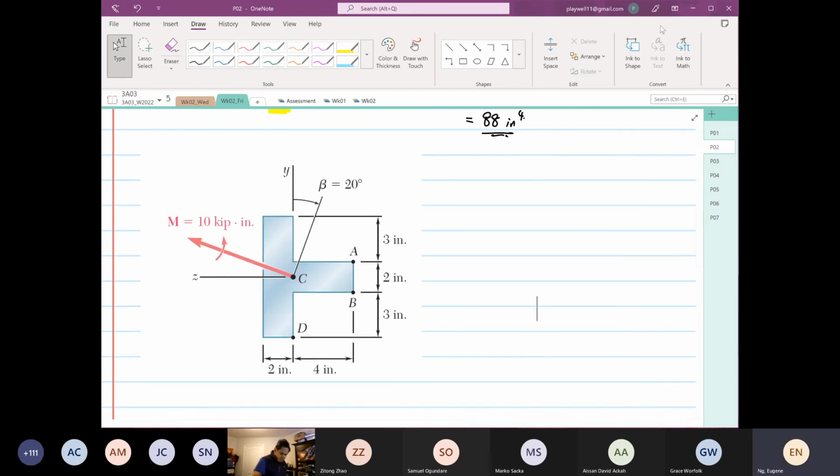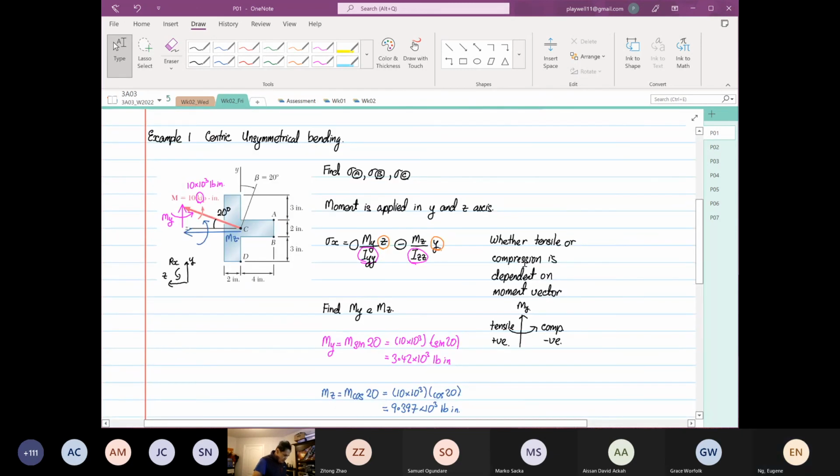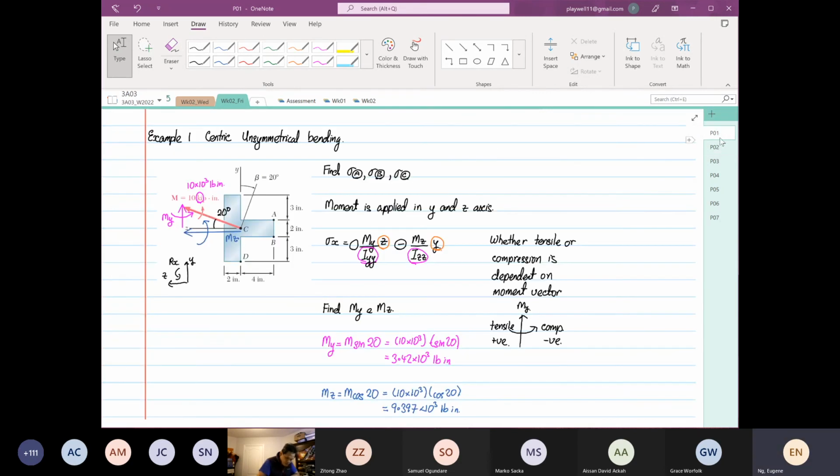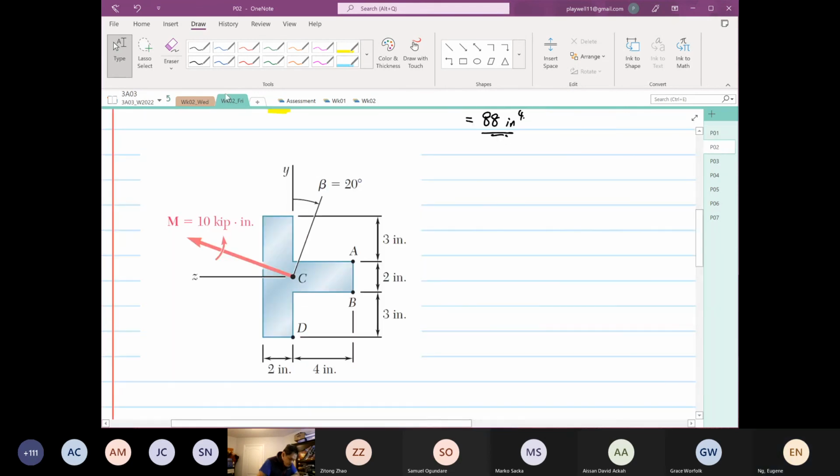From before we calculated our IZ and IY. So let's look at M over here. I do apologize, I use blue.